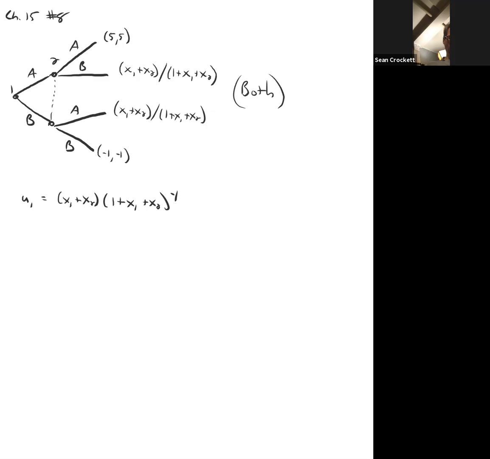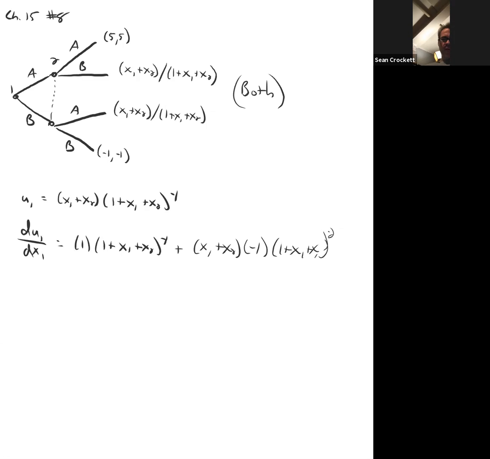So I have 1, and then 1 plus x1 plus x2 to the minus 1, plus x1 plus x2 times minus 1, 1 plus x1 plus x2 to the minus 2, and then the inside is just x1, just 1, so that's fine.